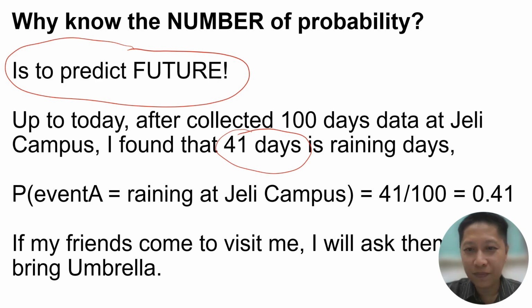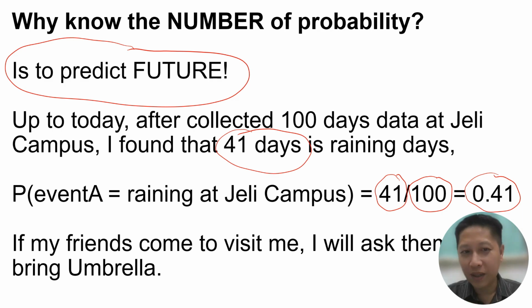When we divide the raining events, 41, by the observed times, 100, we have 0.41. In layman's terms, it may rain, because there is a 0.41 probability of rain on the next day. That means we would recommend our friends bring an umbrella to the campus.